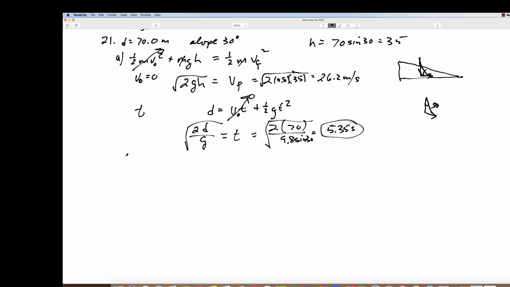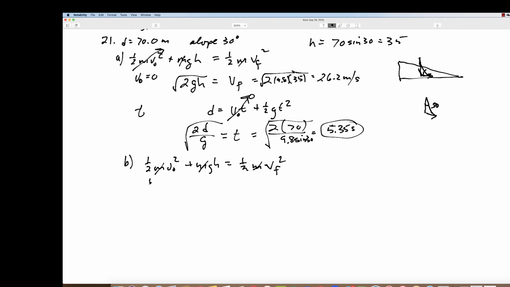Now the second part of this problem takes the same calculation, but we can't leave out the initial speed now. So we have 1/2 mv0 squared plus mgh is equal to 1/2 mvf squared, and the m's cancel out across the board.